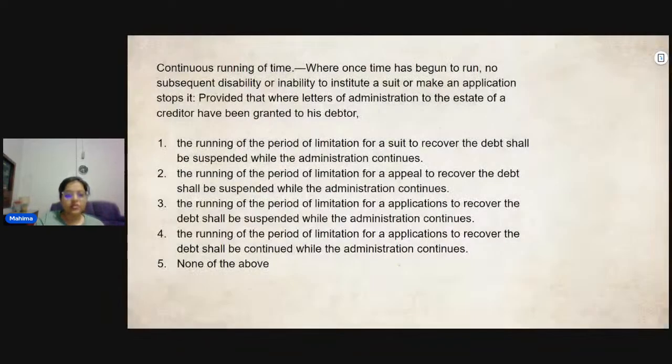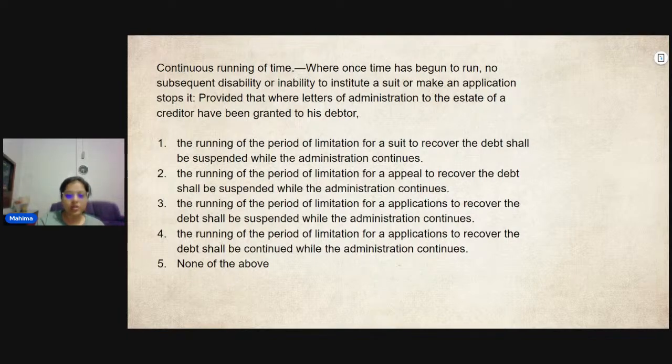Yes, continuous running of time, where once time has begun to run, no subsequent disability or inability to institute a suit or make an application stops it, provided that the letters of administration to the estate of a creditor have been granted to his debtor. The running of the period of limitation for a suit to recover debt shall be suspended while the administration continues.